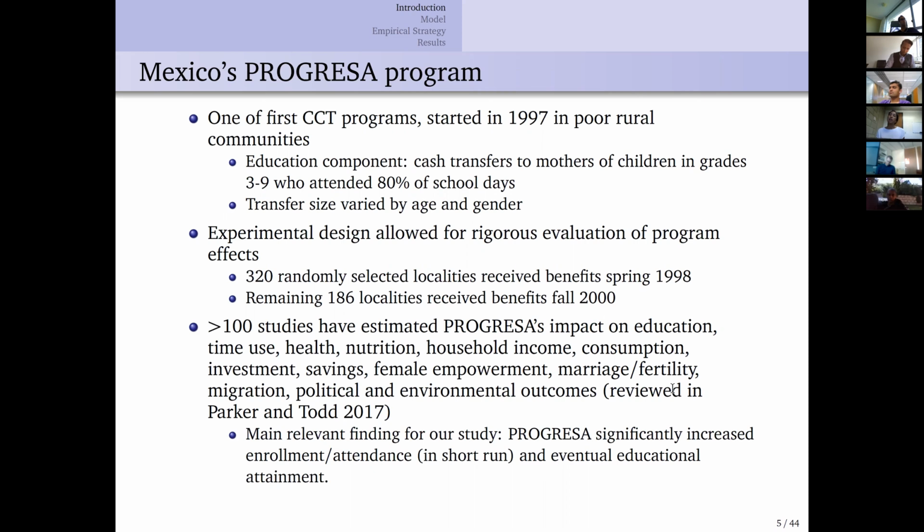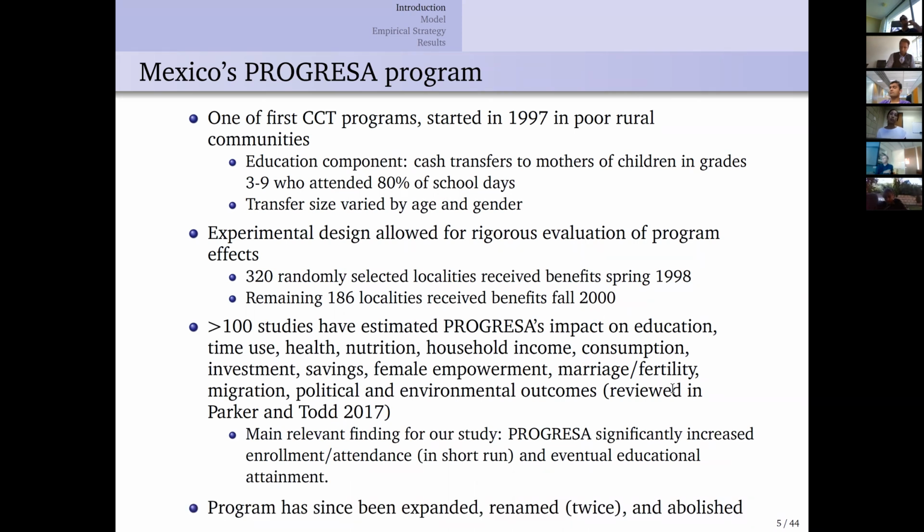And when I talk about longer run effects like eventual educational attainment, I'm talking about estimates on data from 5 years after the program. By this time, both treatment and control were already receiving the benefits. However, the treatment group had been enjoying the benefits for 2 years longer than the control. So that's what I'm referring to when I say long run effects. And we're gonna look at both of these.